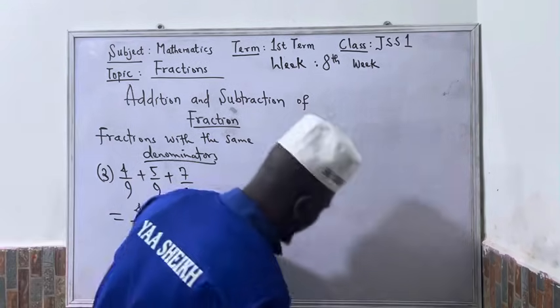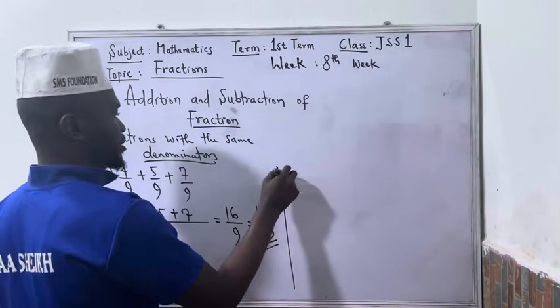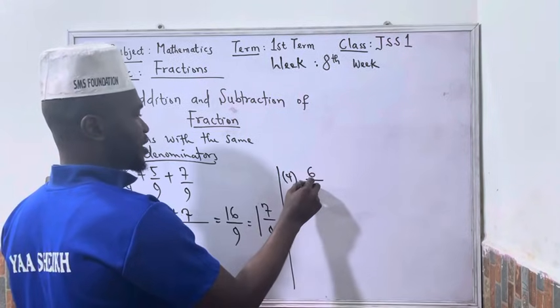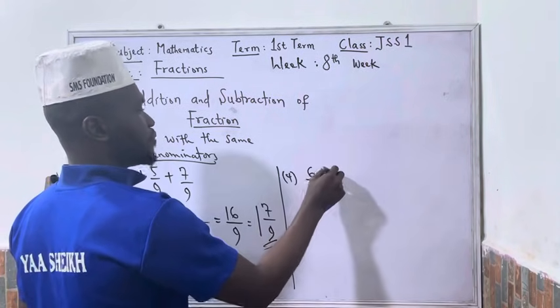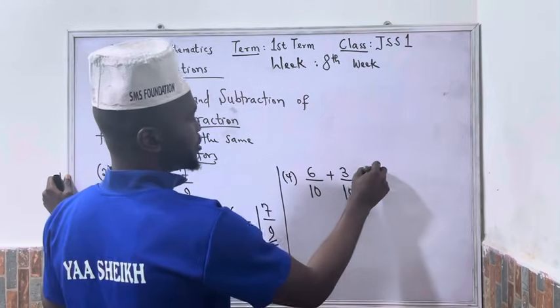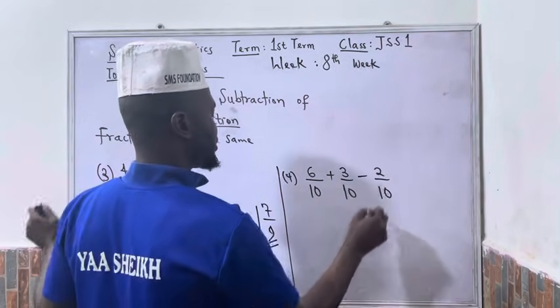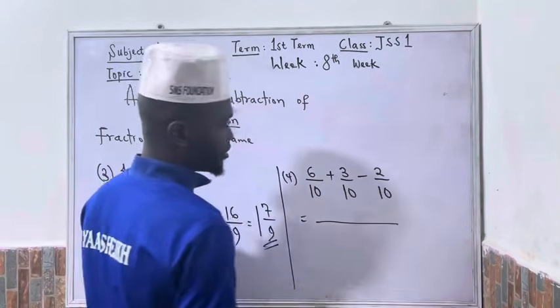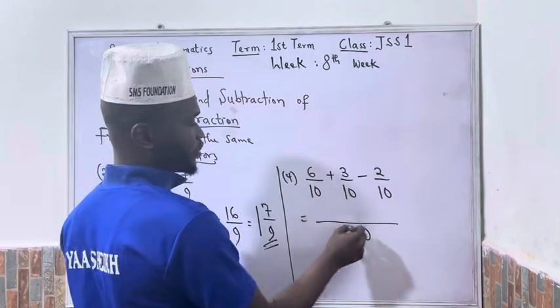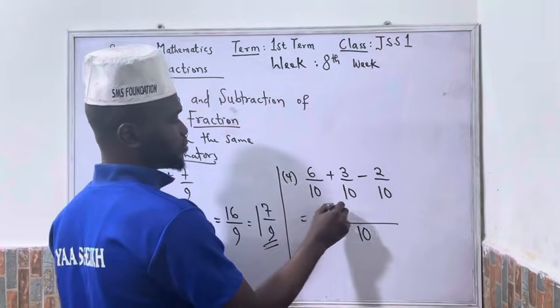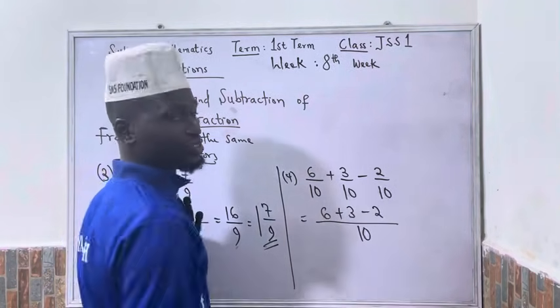But let me do one example on that. Number 4, let's say we have 6 over 10 plus 3 over 10 minus 2 over 10. Very good. All I need to do is to draw my division line, then put one of the 10s. So write all of this, 6 plus 3 minus 2, directly.